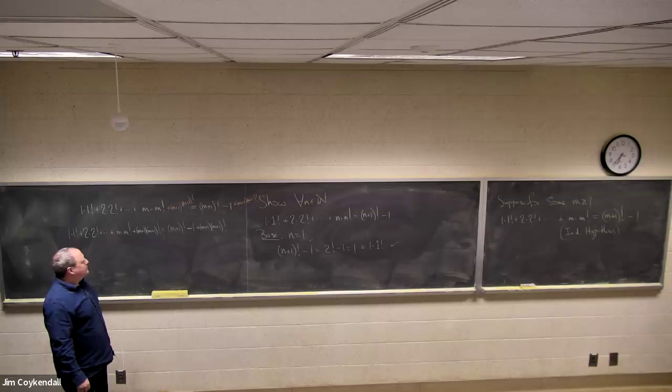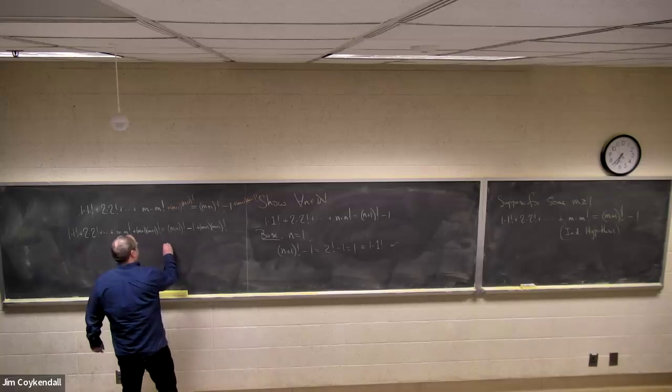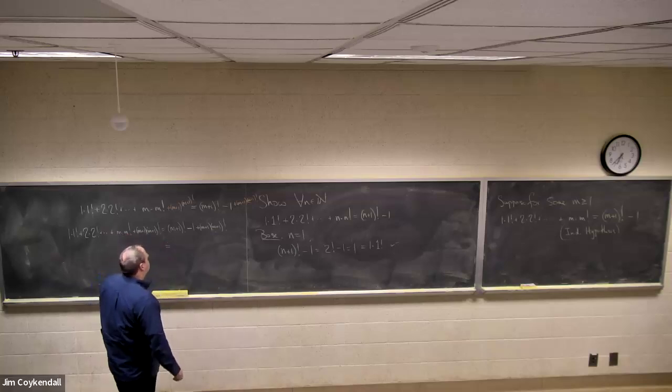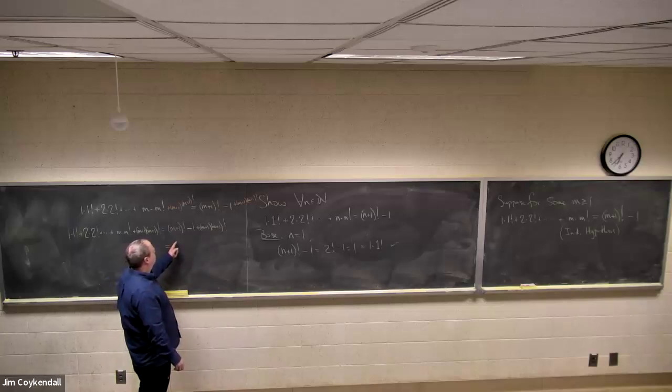You can rewrite this as plus 2, plus 1 factorial. Okay, good idea. Run that by me again. So what do you want to do? You add the factorial terms together, so it's n plus 1 times n plus 2.